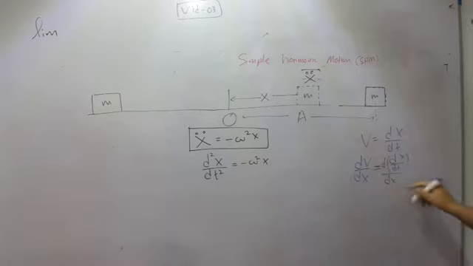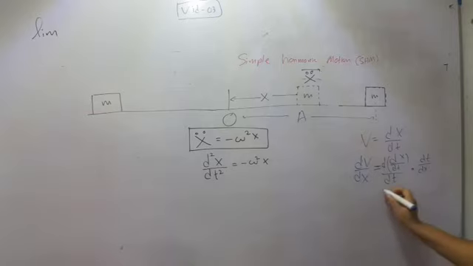If you remember, then instead of deriving this with respect to t, I'm going to derive this with respect to x. So dx by dt, I'm going to derive this quantity with respect to x. Since we cannot derive this with respect to x directly, we derive it with respect to time, so we have to multiply this by dt over dx. So what is this? This is d squared x over dt squared.